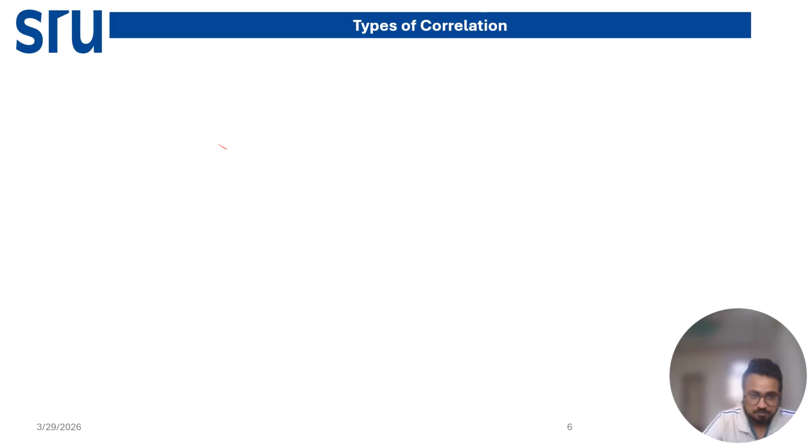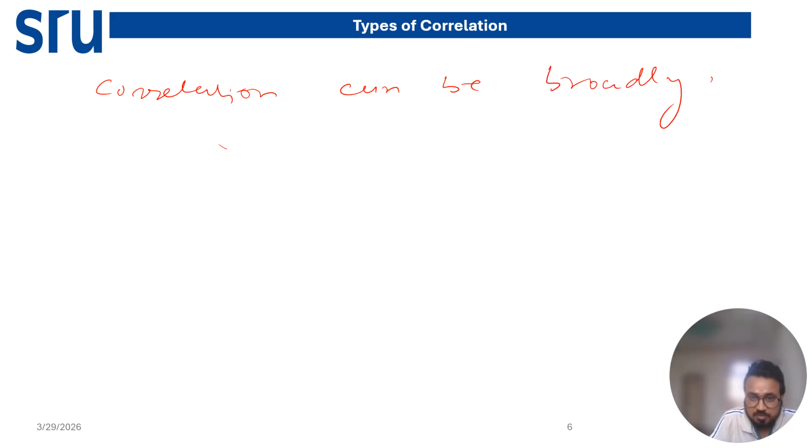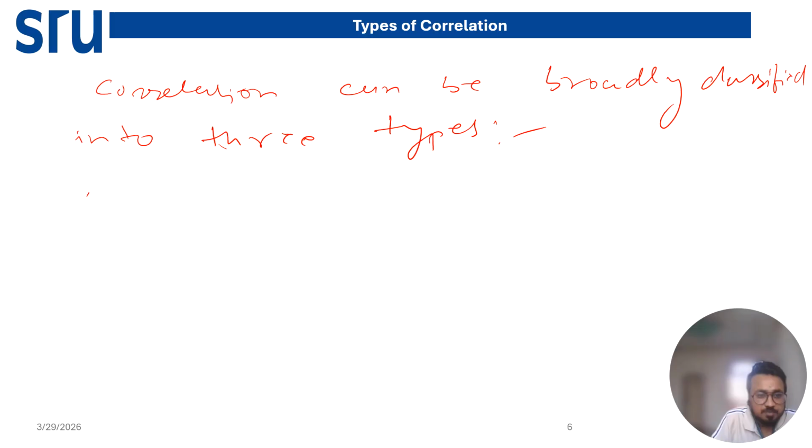Correlation can be broadly classified into three types.